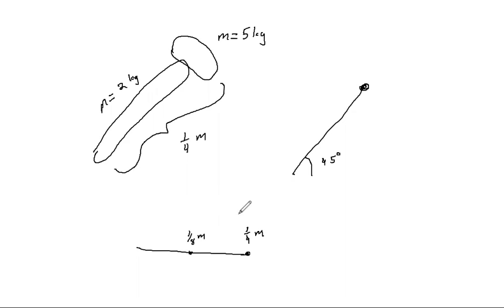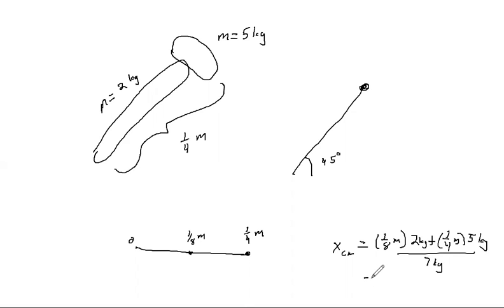So along the body of the hammer, I mark 0 here at the beginning. I would say the center of mass position would be 1/8 of a meter times 2 kilograms plus 1/4 of a meter times 5 kilograms, and we need to divide by the total mass, which would be 7 kilograms.